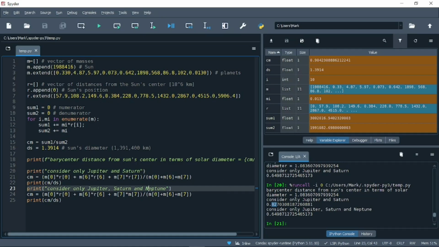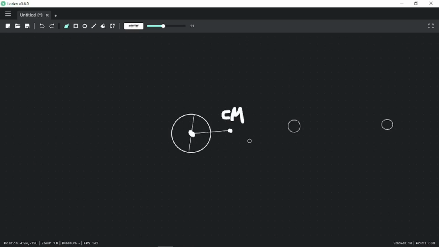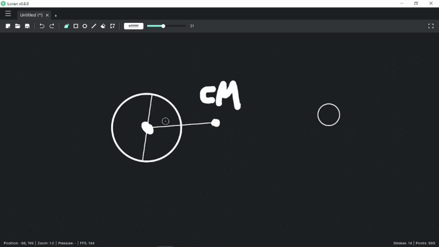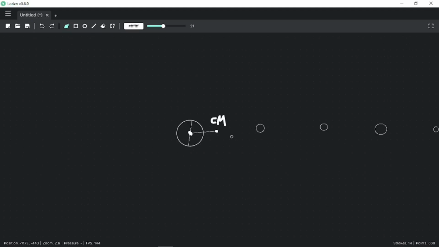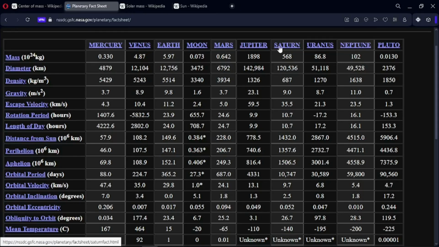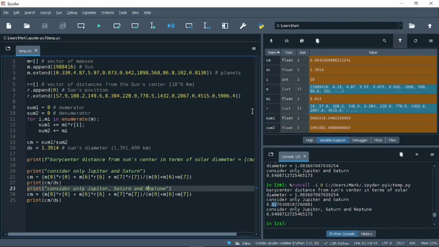So the main contribution about the offset of the center of mass from the center of the sun is mainly because we have two really big planets, which are Jupiter and Saturn, and their effect is to shift the center of mass outside the sun.